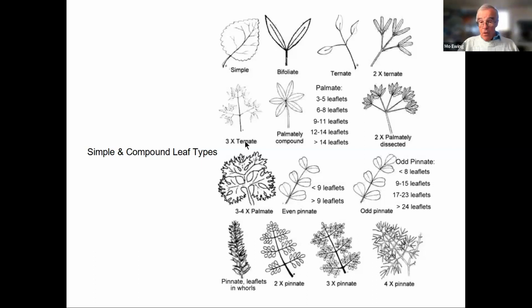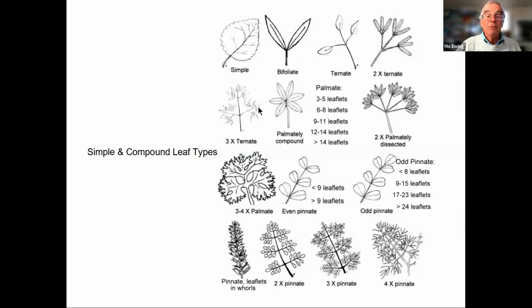And you can see there are a whole lot of different kinds of compound leaves: trifoliate, double trifoliate or ternate, palmate, which means that the leaflets come from the top of the stem, as if you were looking at your palm. But that's the difference: it's where it breaks off from the stem.